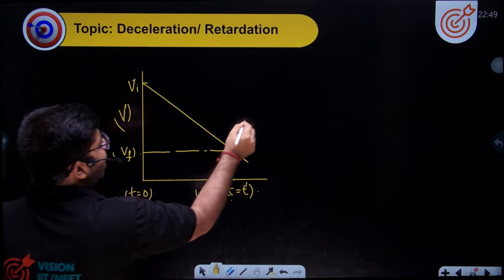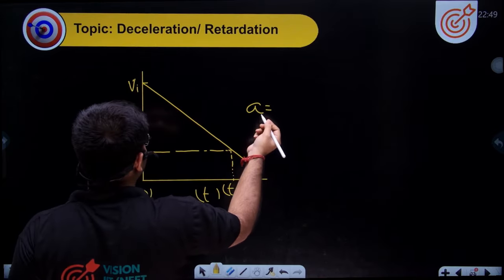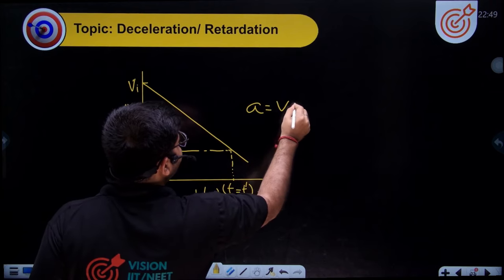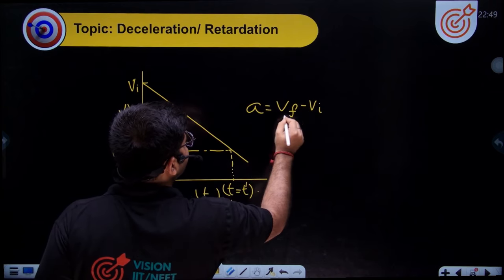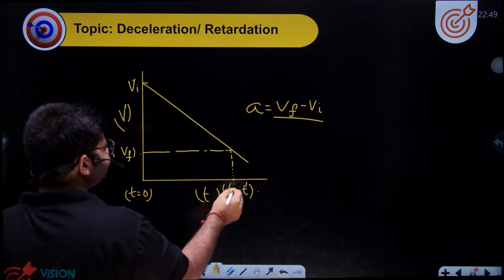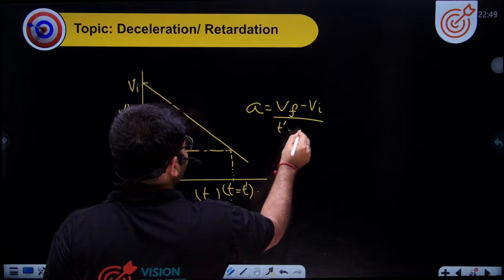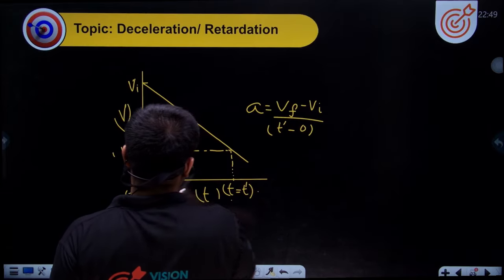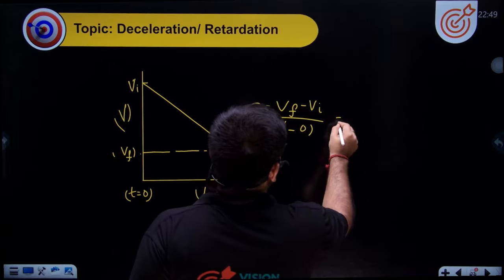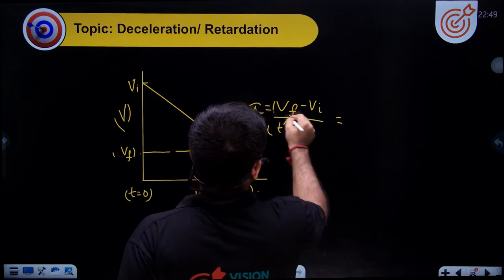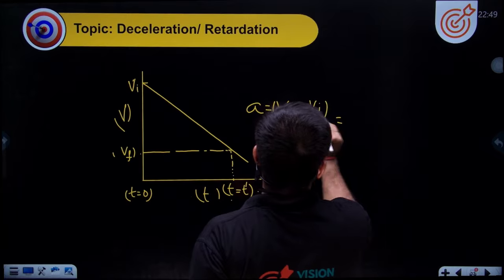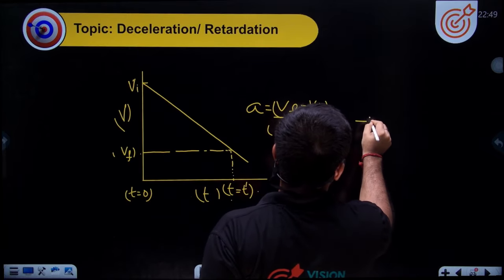Now acceleration is nothing but Vf minus Vi divided by delta t, that is t prime minus 0, because this is 0. Now this is negative because my Vf is less than Vi. So this is going to give you a negative value.